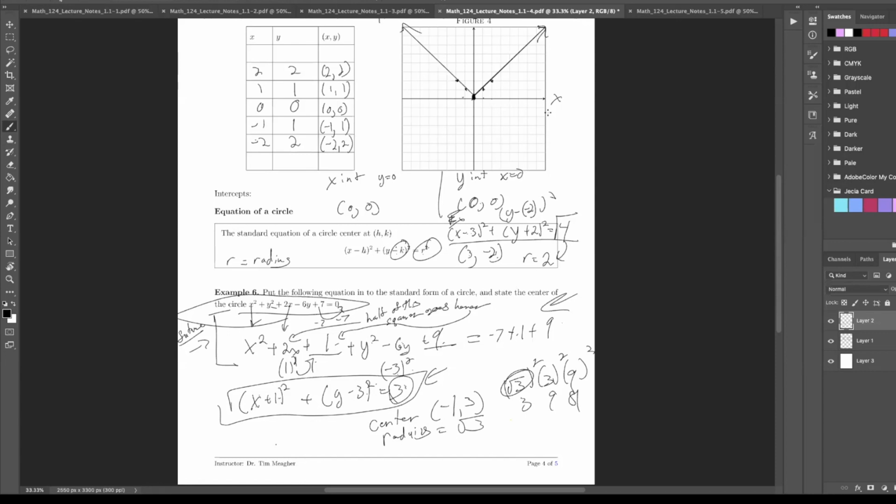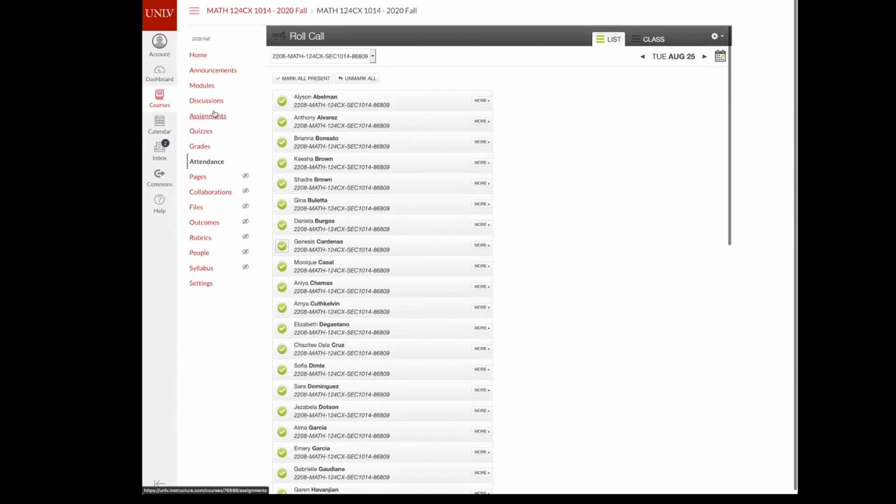Where do we find the 1.1 homework on Canvas? Oh, okay. Let me explain that real quick. This is the 124 class. Unfortunately, let me go to Canvas real quick. Unfortunately, Pearson's not integrated because I don't own that.